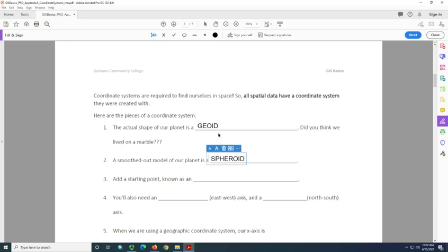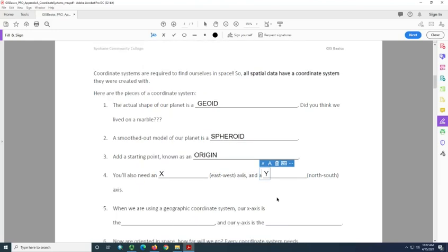So you're going to take the lumpy bumpy Earth, you're going to smooth it out, and you're going to add an origin, a starting point for your map, or a starting point for your system, okay? And then you need an x-axis, and you need a y-axis. And so once you have these things, you're ready to do some mapping on the surface of the Earth.